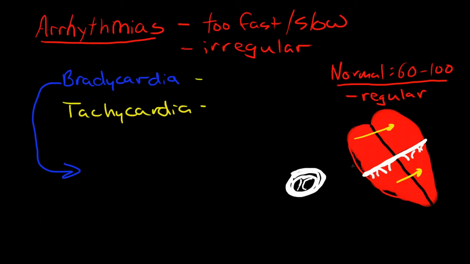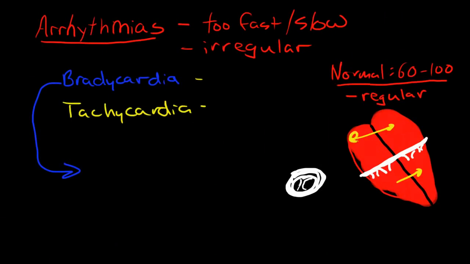Now, the valves and the annuli of the valves create a barrier of connective tissue separating the atria and the ventricles. This is very important to understand when we're talking about arrhythmias.